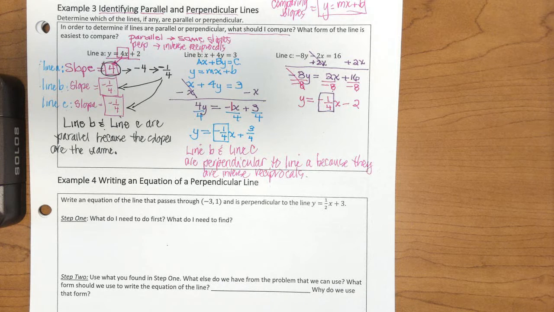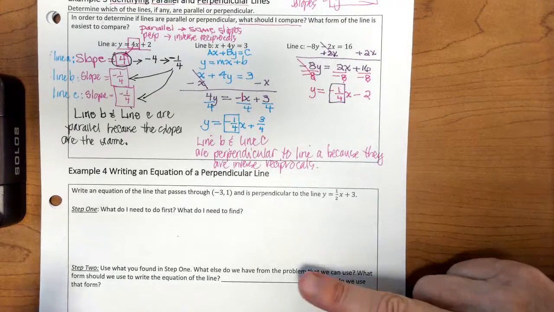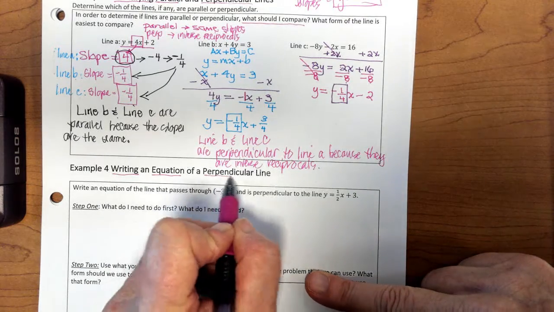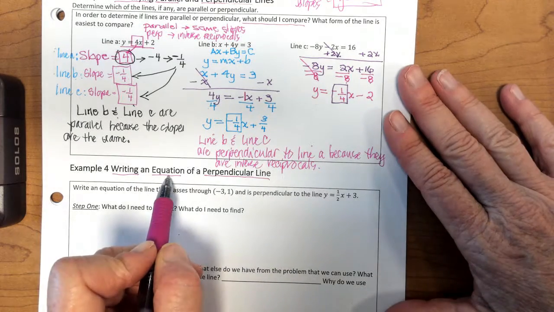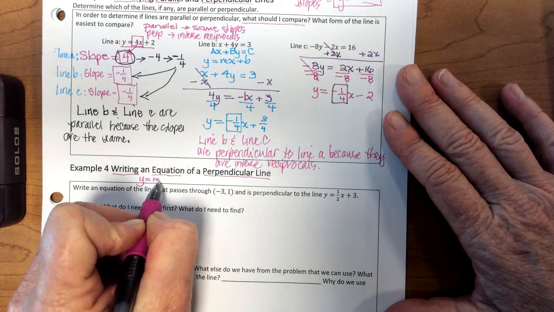Now, in the next example, example 4, it's asking us to write an equation of a perpendicular line. The first thing you need to remember is that when I am writing an equation, I want it in the format of y is equal to mx plus b.